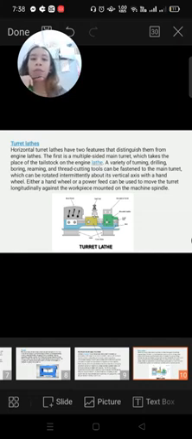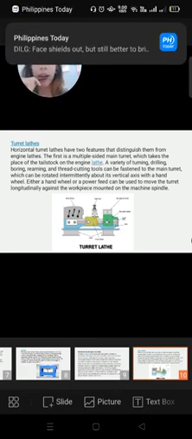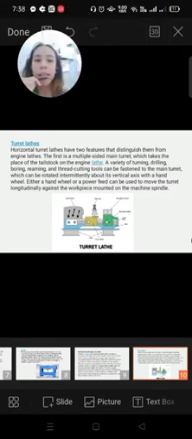Either a hand wheel or a power feed can be used to move the turret longitudinally against the workpiece mounted on the machine spindle.